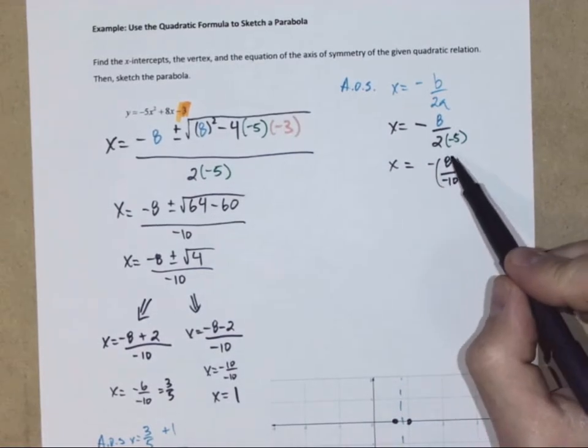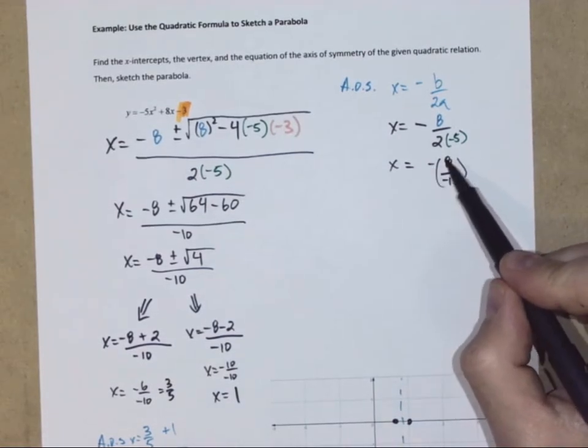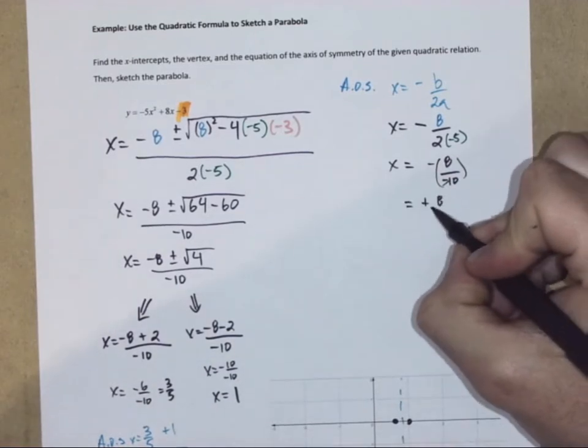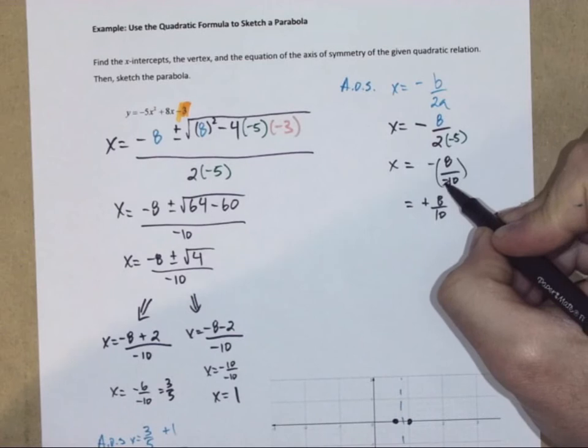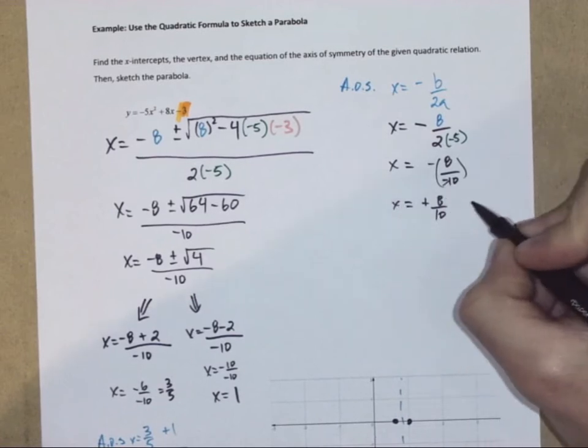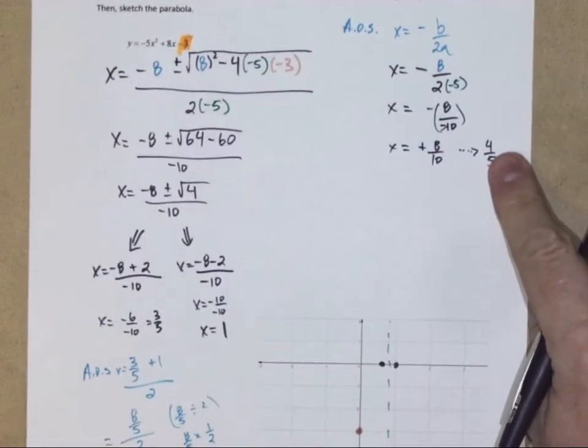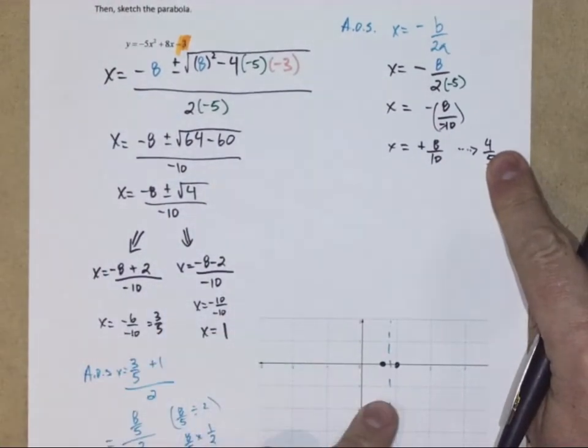Top times top, so negative times negative 8 is positive 8, and negative divided by negative is positive. So we have positive 8/10, and that can reduce to, whoa, look at that, 4/5, which is exactly what we had.